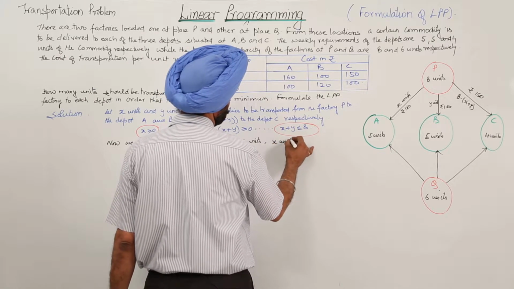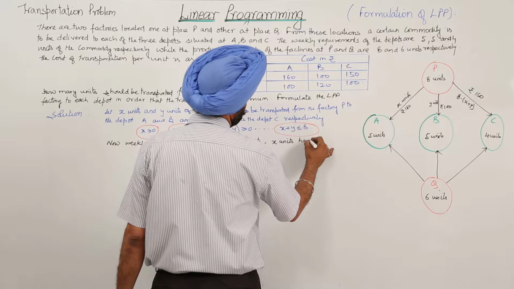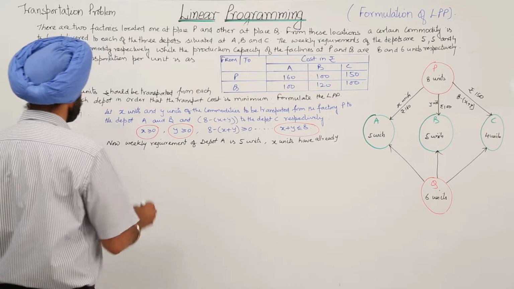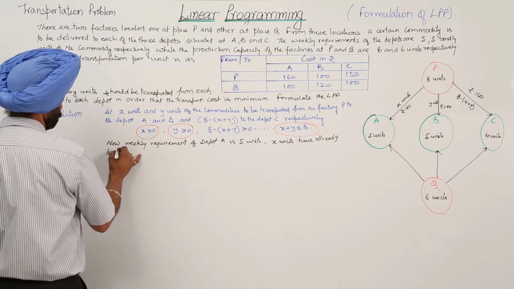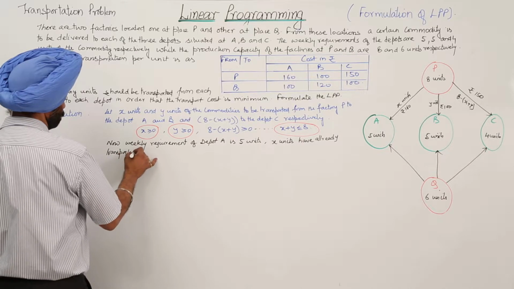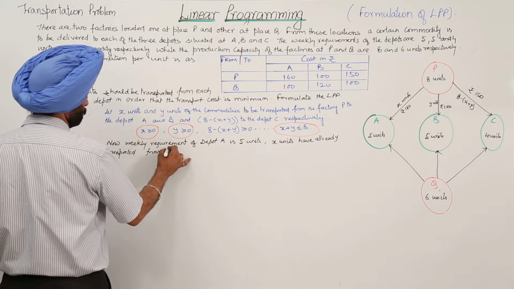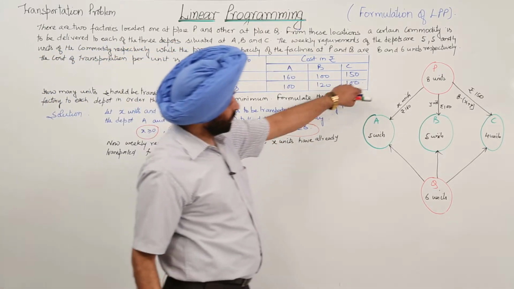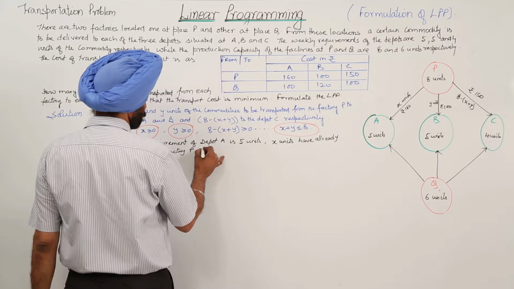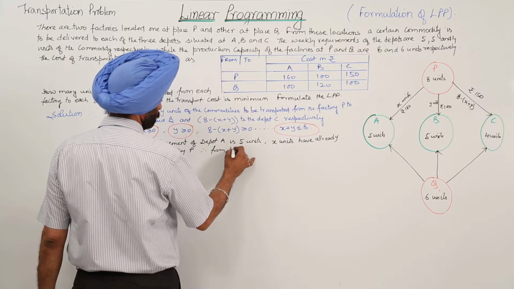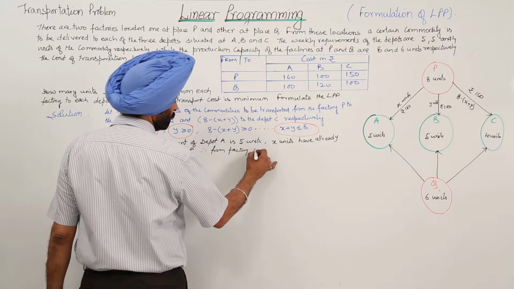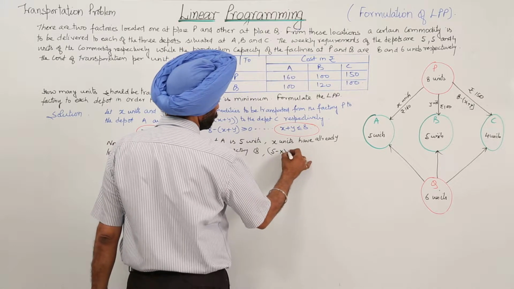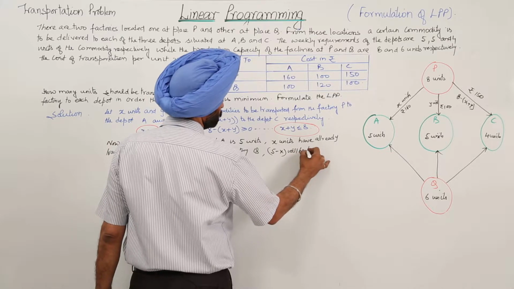X units have already been transported from factory P. Therefore, from factory Q, 5 minus X will be transported.